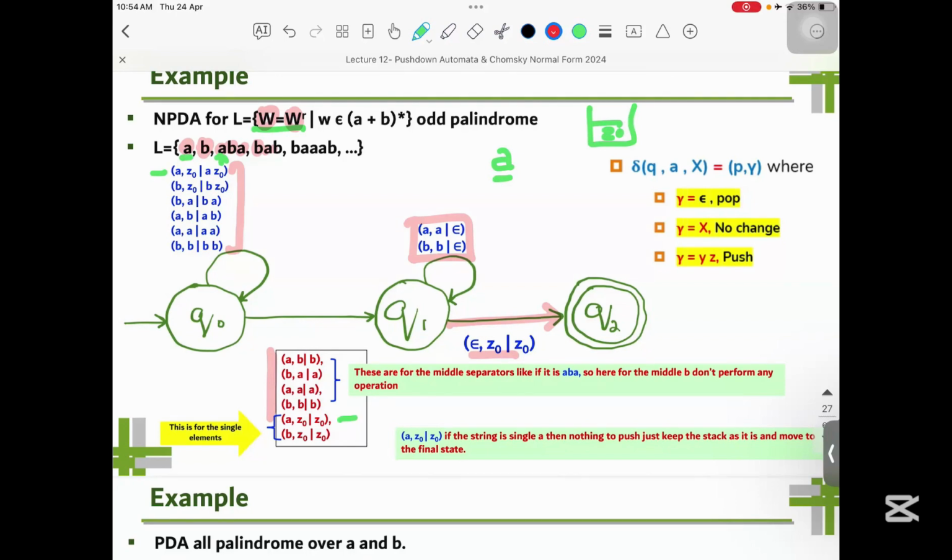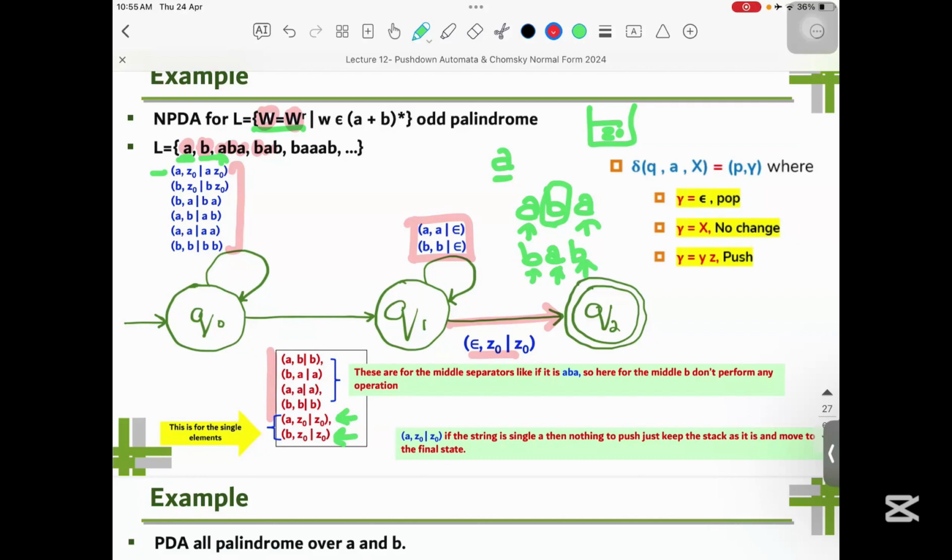So this is for the single element, single A and single B. And when you have something like ABA, I will do a push, I will ignore the middle one, and I will do a pop. And if it is, for example, BAB, here I will do a push, the A is the middle element so I will ignore it, and I will do a pop here.